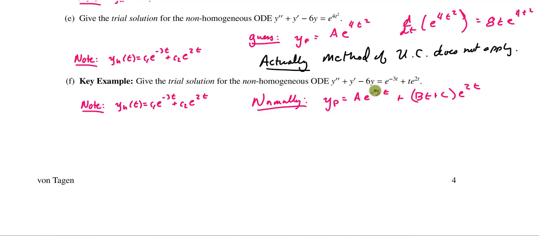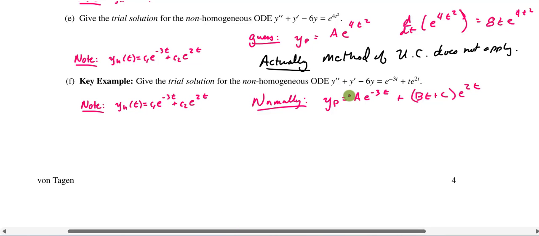The problem is that this term of a trial solution, which we got because of this component in the non-homogeneous function, is no different from what I've currently got in my homogeneous solution. When I plug functions of this form into the ODE, I don't get factors of e^(-3t) remaining. I just get 0 because this is the homogeneous solution. So this will not cut it as a guess.